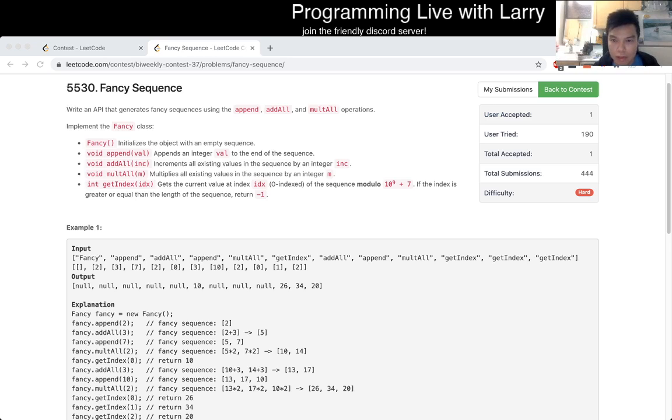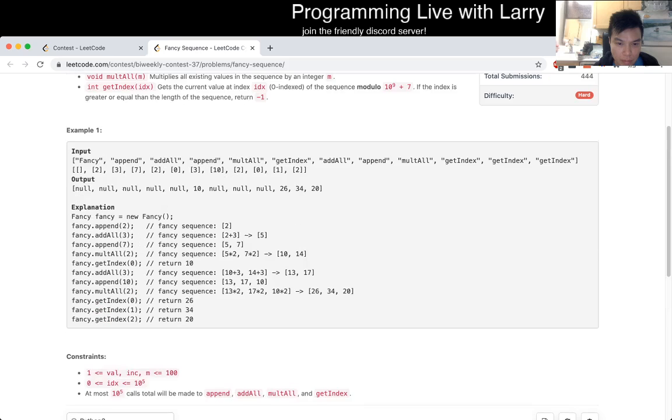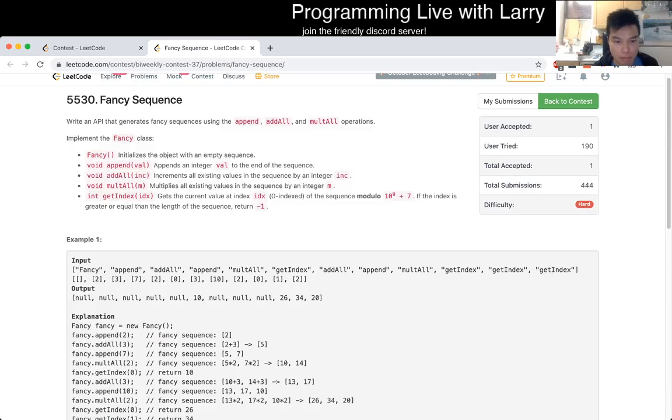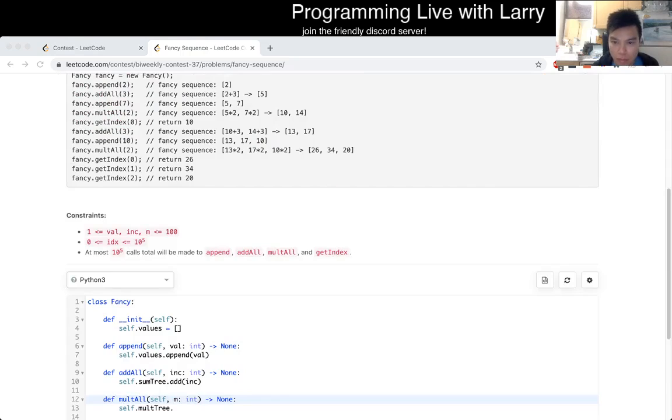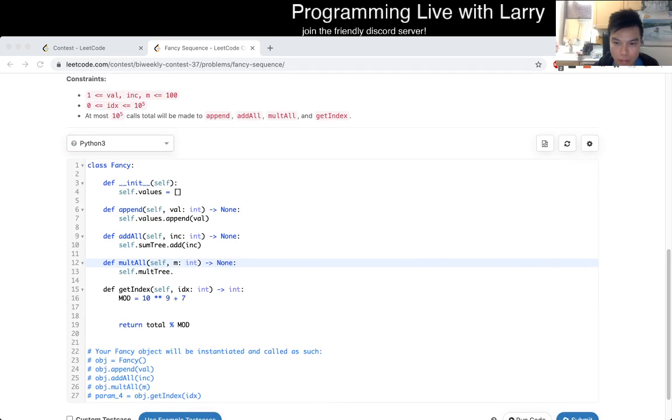Can we still use a framework like a binary index tree thing? Yeah, let's try.